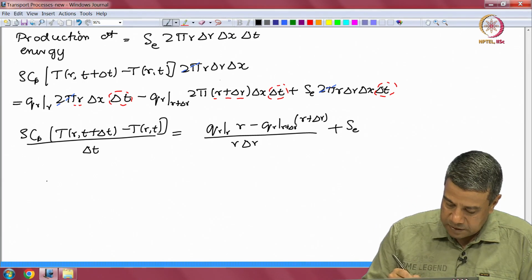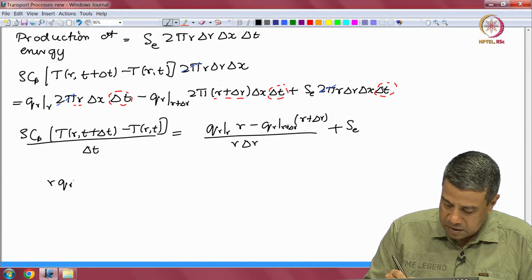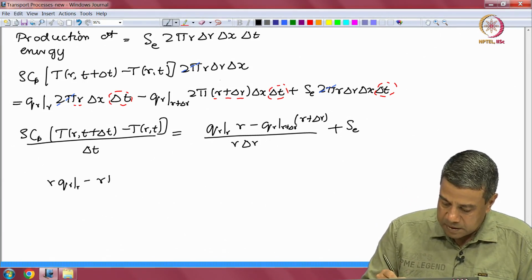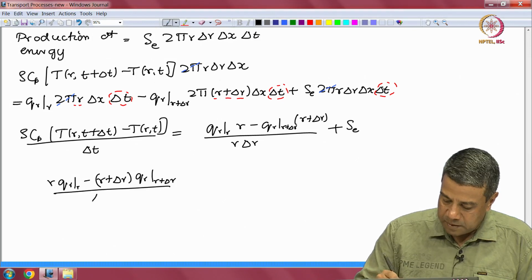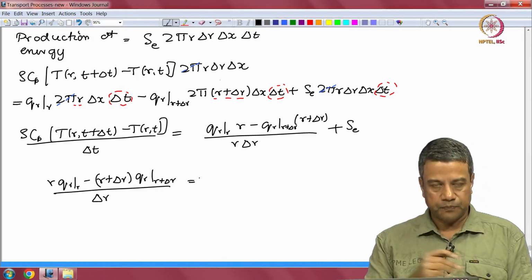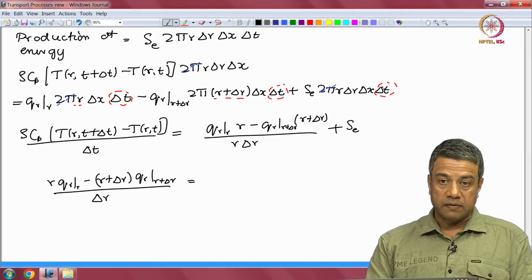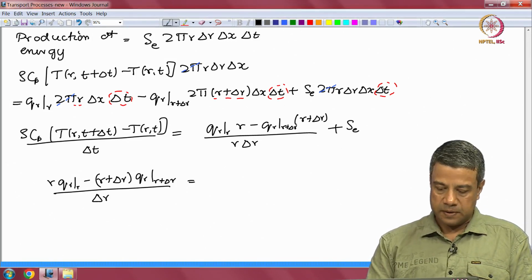And this difference, r times Q_r at r minus r plus delta r times Q_r at r plus delta r, divided by delta r, is the derivative of r times Q_r. Okay.